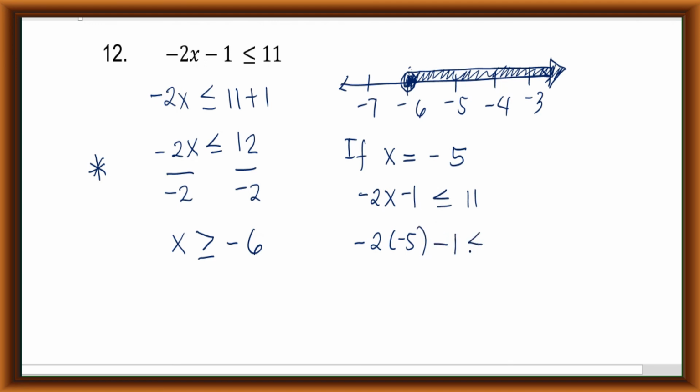Is it less than or equal to 11? Negative 2 times negative 5 is 10. Minus 1, clearly 10 minus 1 is 9. So it's less than or equal to 11. So this is correct. Therefore, our solution set is x such that x is greater than or equal to negative 6.